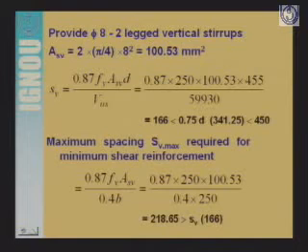Now the important decision is the spacing of these stirrups, and as you know, for the case when only vertical stirrups are provided, you can use this formula that I earlier told you. Earlier it was in the form of ASV, now I have rearranged it in the form of SV, because now ASV is known to us.